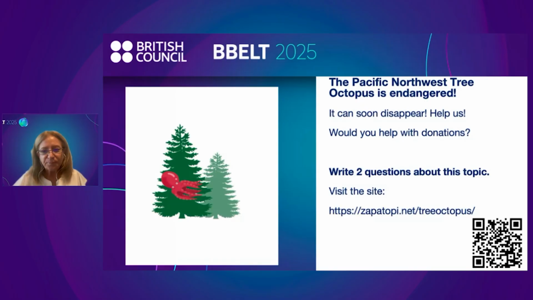Now, again, let's write questions about this topic, similar to what we have been thinking on the other slide. So, for instance, where is this tree octopus? What type of food does it eat? What is killing it? So different questions that the students should be asking.